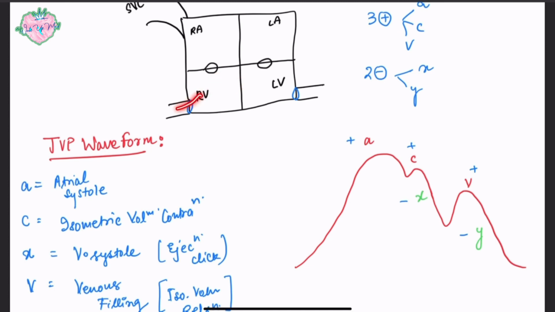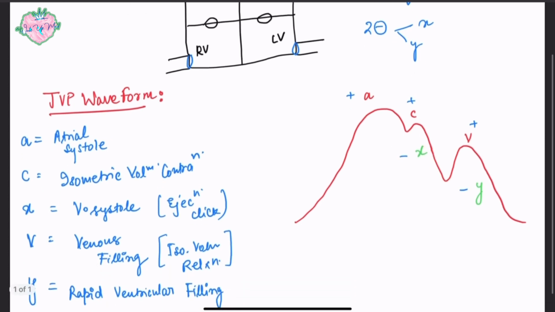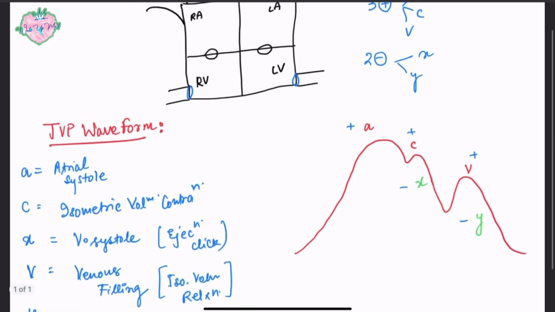When all the blood of the ventricles is sent out, the bulging returns to the normal position, and there is a slight decrease in the pressure of the right atrium. So you can see a slope going downwards, which denotes the negative pressure in the right atrium. After that, all the blood goes out from the ventricles.